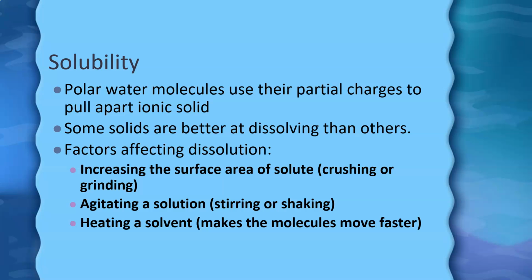If we think about the process of dissociation and how the solvent has to come in and smash into those crystals and knock those ions off, the larger the surface area available for the solvent to crash into the solute, the more collisions and the faster we can get things to dissolve.